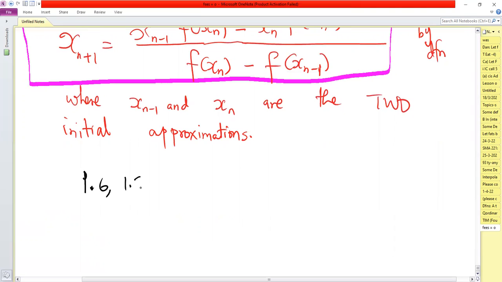So 1.6, 1.7 is where the root lies. So the initial approximation of the root x0 will be the average of these two values, which gives 1.65.